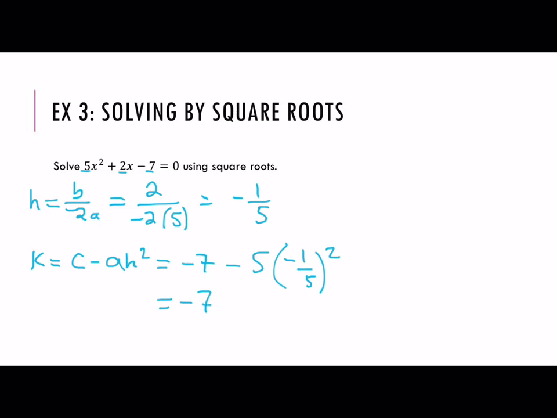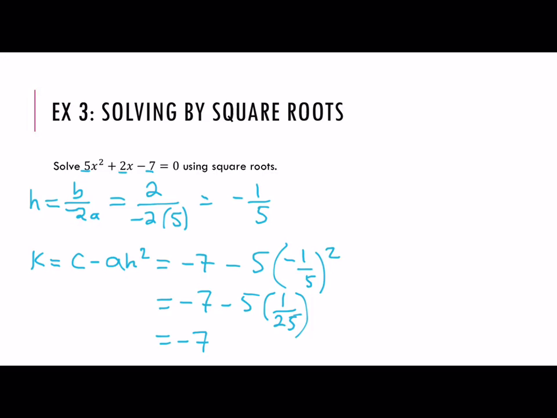And that's negative 7 minus 5 times, and then I would leave this as a fraction. I think it's easier to square rather than decimals. Or you could just enter the entire thing on a calculator. But if you're doing it by hand, this is what I would do. So negative 1/5 squared, right? Negative 1 squared is 1, 5 squared is 25.